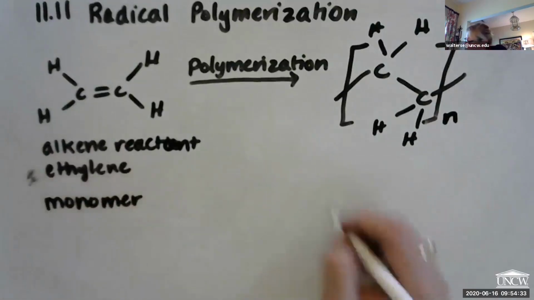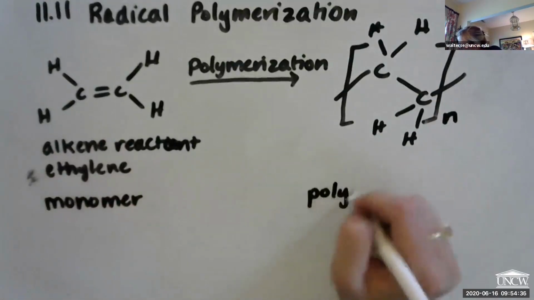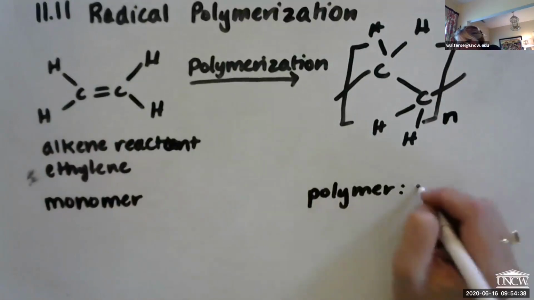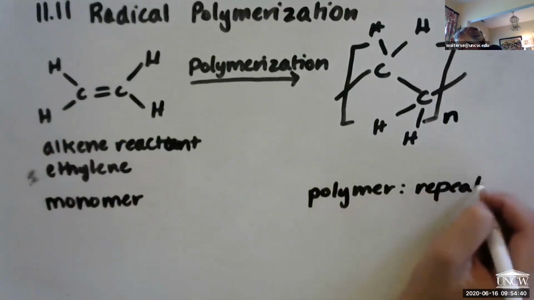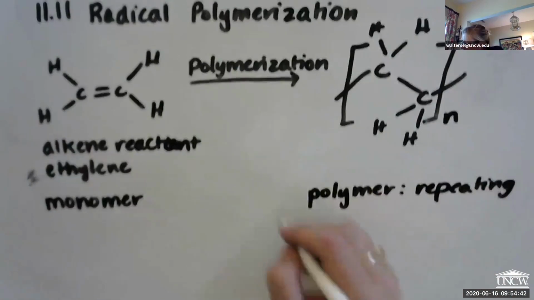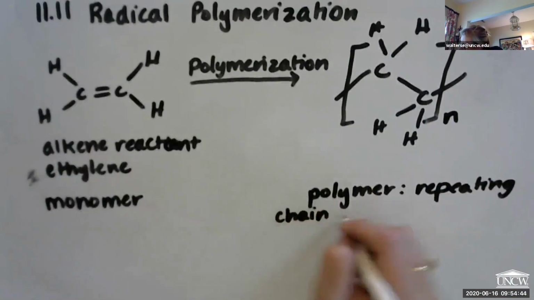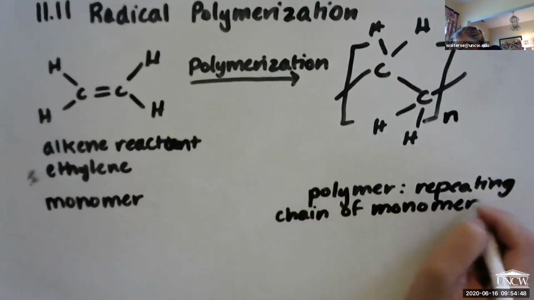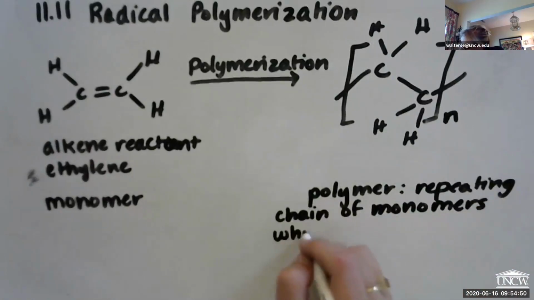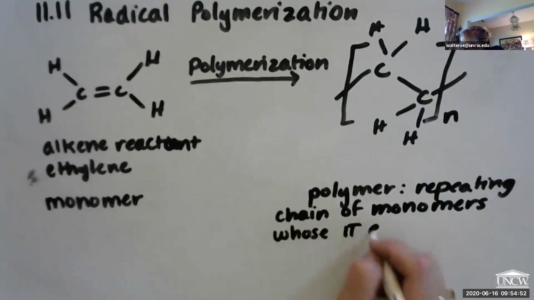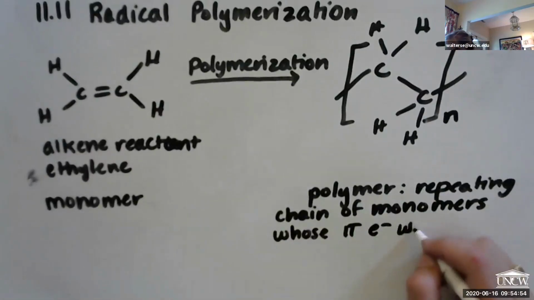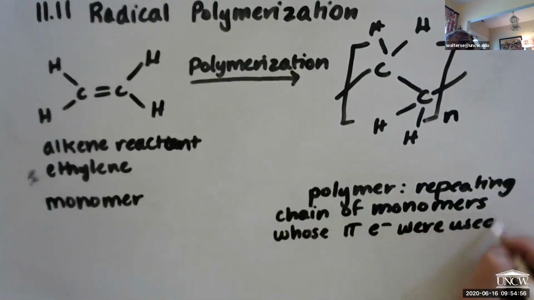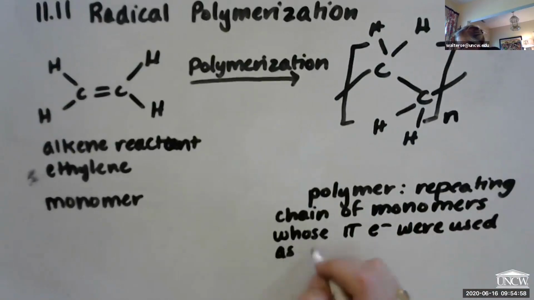The polymer is a repeating chain of monomers whose pi electrons were used as links or linkages.